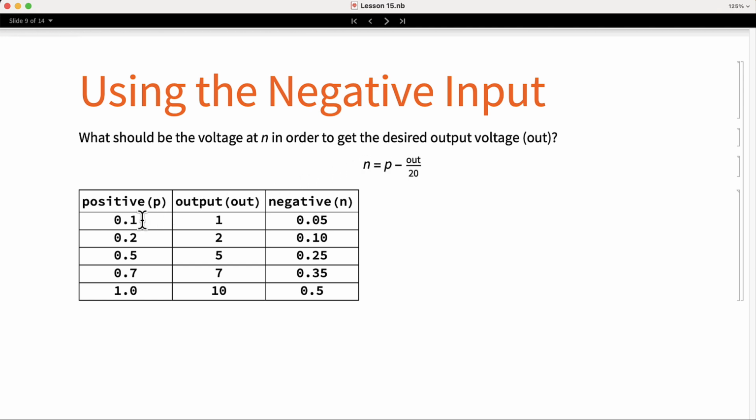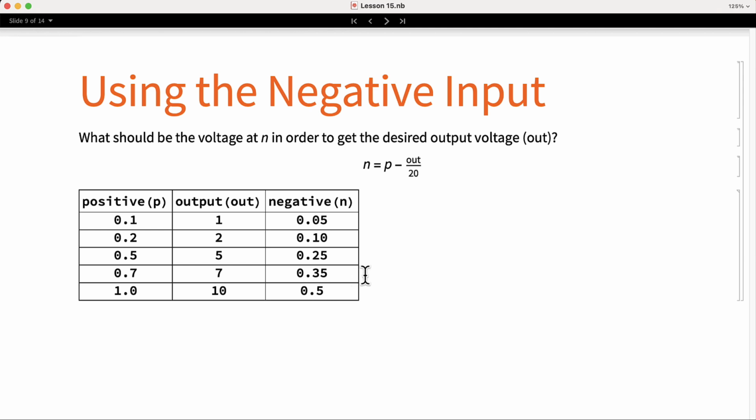In the first case, for an input voltage of 0.1, the output voltage must be 1 volt, and the necessary voltage at the negative pin must be 0.05. We can continue calculating them until we reach 1 volt. In such a case, the output voltage must be 10 volts, and the negative voltage needs to be 0.5 volts.